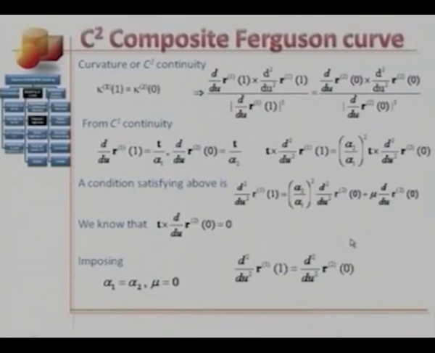This is relatively more strict. A non-zero value of mu will give a designer an additional design choice.